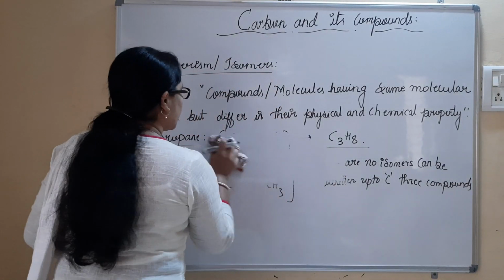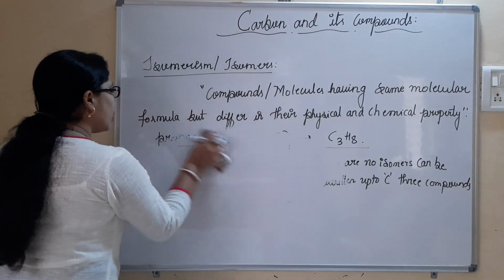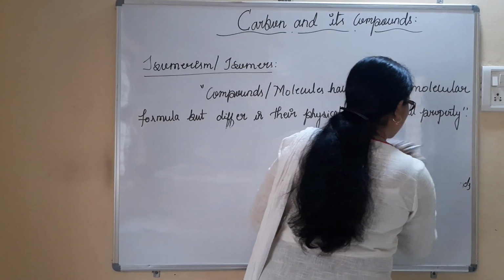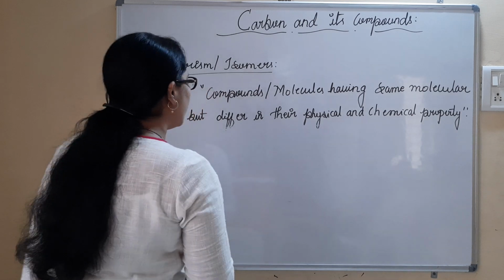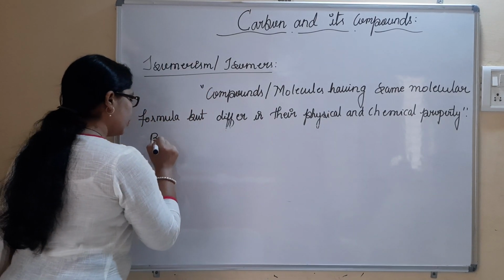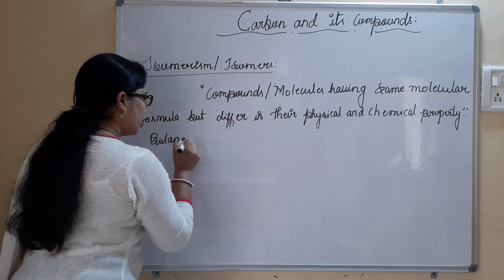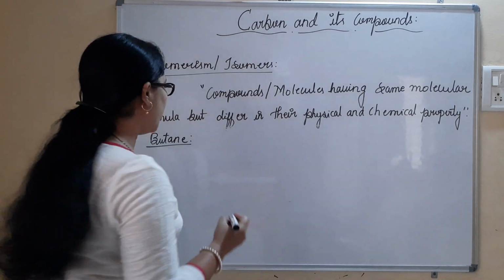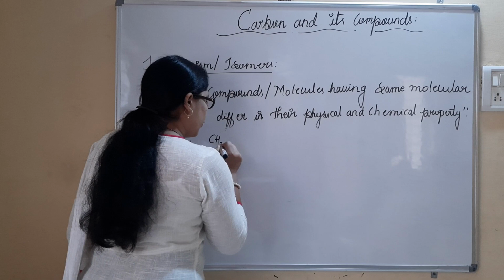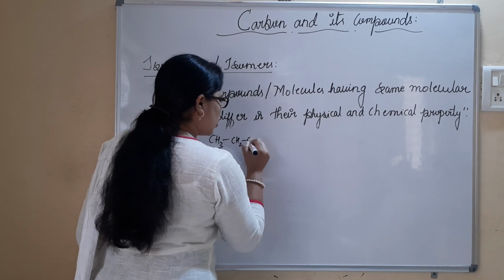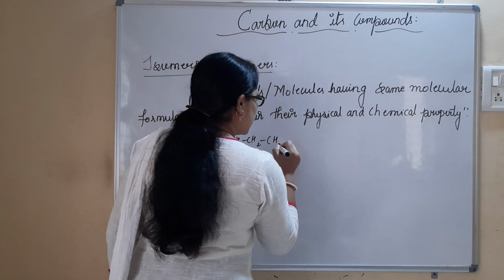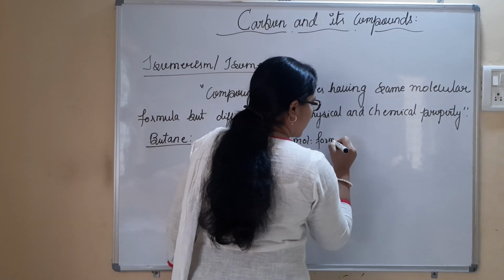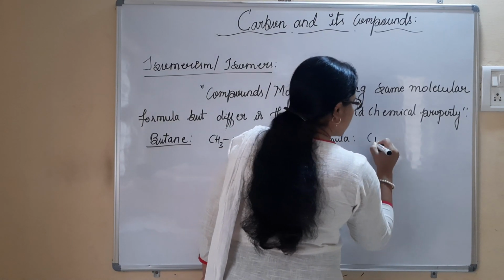So here I have the formula for butane. You all know what the molecular formula for butane should be. There must be 4 carbon atoms, CH3, CH2, CH2, CH3. So what is the molecular formula for butane? It is C4.